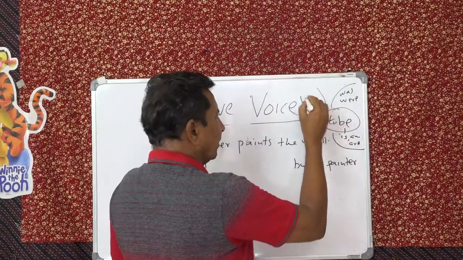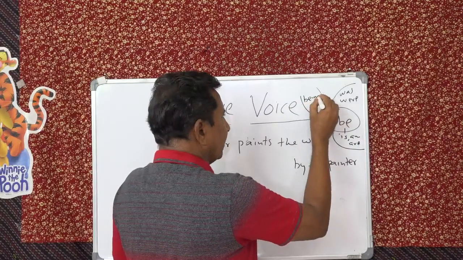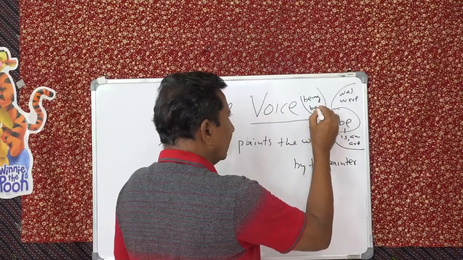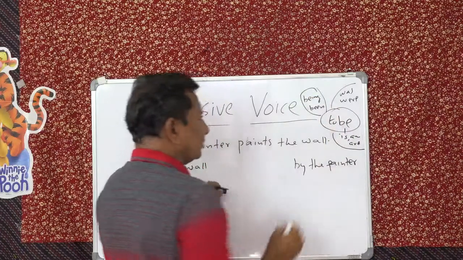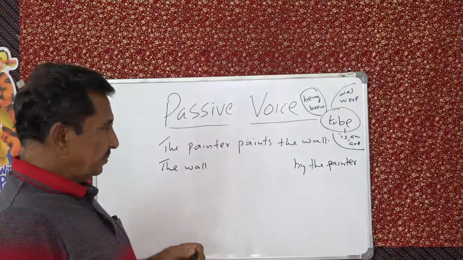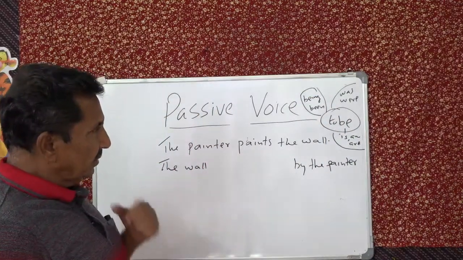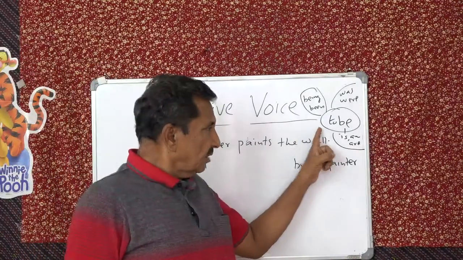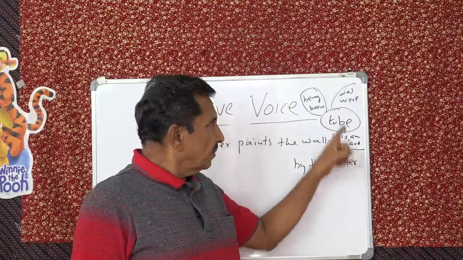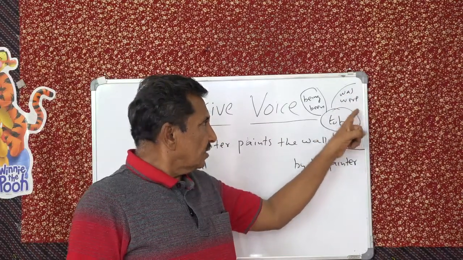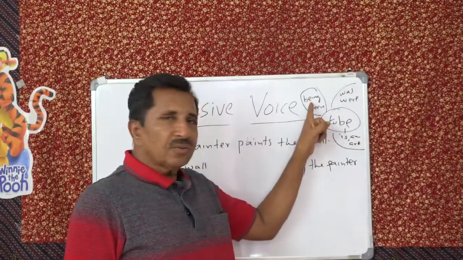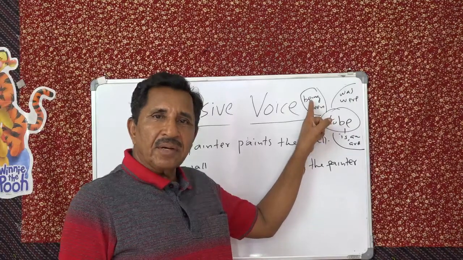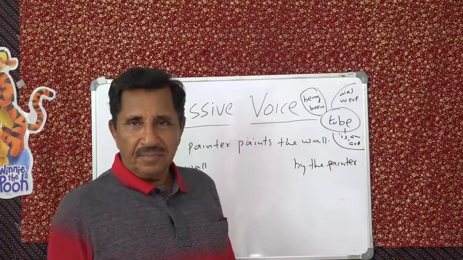Being, present participle, and been, past participle. So you can see, to be has 7 forms. Present forms are am, is, are. Past forms were, was. Two participles: this is present participle and this is past participle.